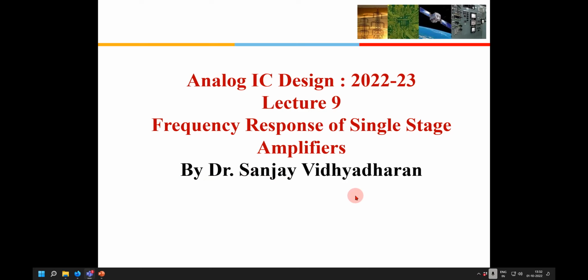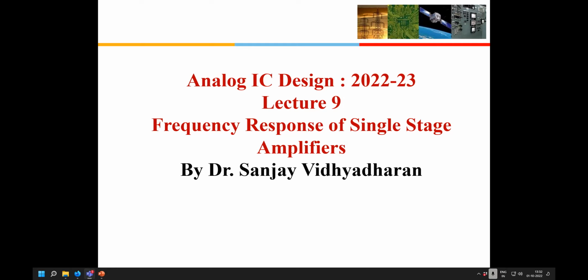Before we went for the midsem exams, we learnt about single stage amplifiers as well as differential amplifiers, but we didn't talk about how these amplifiers would respond at high frequencies. All the analysis which we did, we neglected the effect of all the parasitic capacitances.